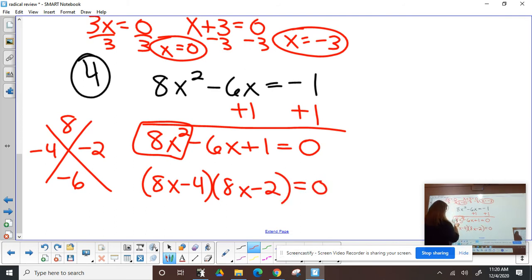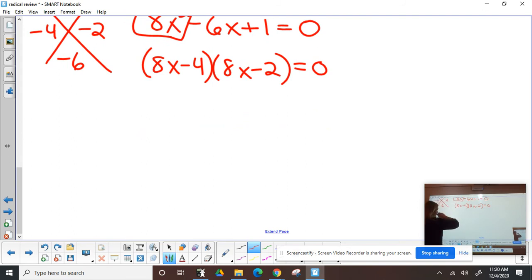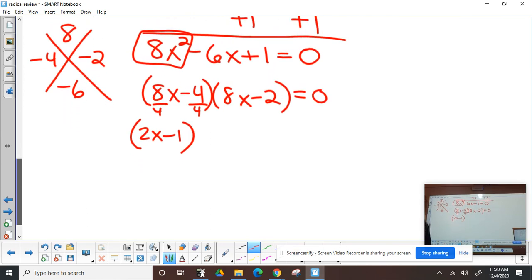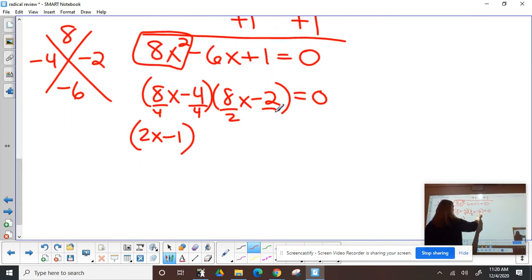Remember, I'm keeping the a value 8, breaking up the x squared to x, and then minus 4 and minus 2 go on the other part. I reduce each factor, so I would reduce this by 4 to get 2x minus 1. And then I would reduce this one by 2 to get 4x minus 1.